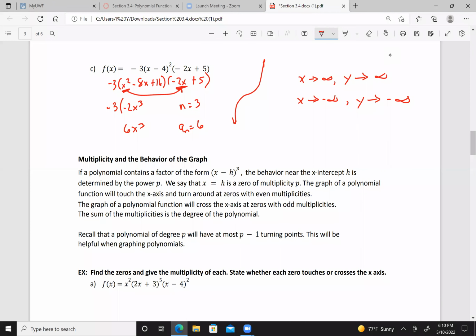The graph of a polynomial function will touch the x-axis and turn around at zeros with even multiplicities. And the graph of a polynomial will cross the x-axis at zeros with odd multiplicities. The sum of the multiplicities is the degree of the polynomial. Recall that a polynomial of degree p will have at most p minus 1 turning points. This will be helpful when graphing polynomials.